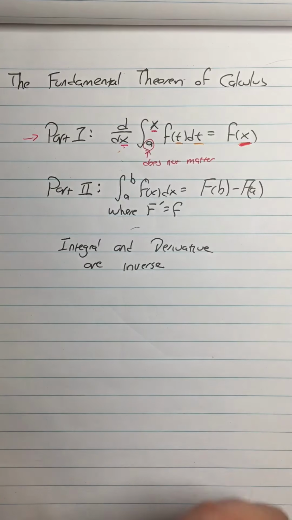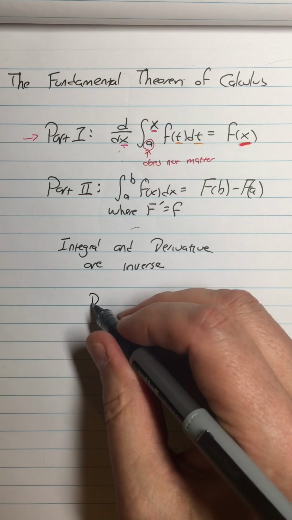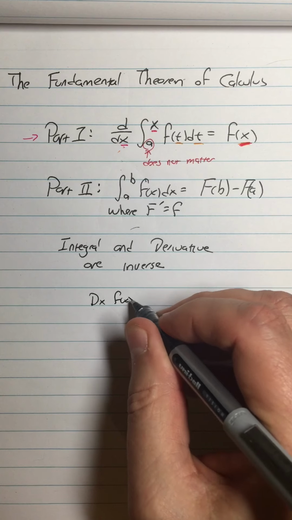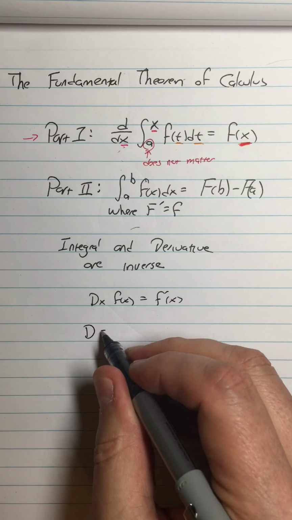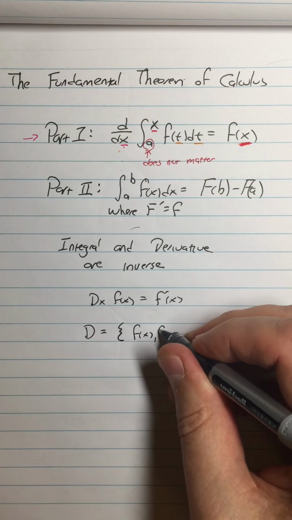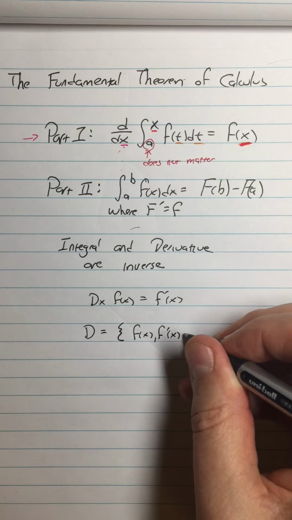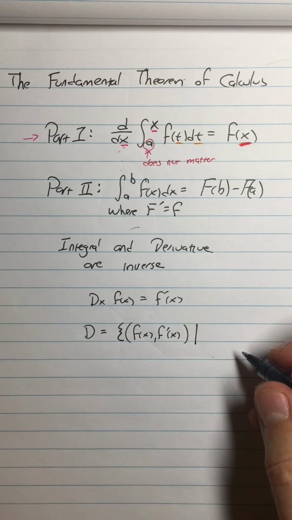Now, there's a fancy word for functions whose domain and range are also functions. You could think of derivative as being a function where derivative of f of x equals f prime of x. So you could think of derivative as a set of ordered pairs, f of x, f prime of x. This is a little bit theoretical, a little out there, you don't need this, but it's fun to think about for me.